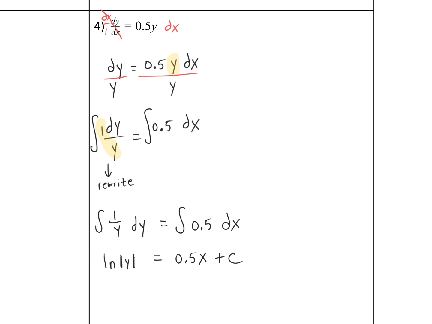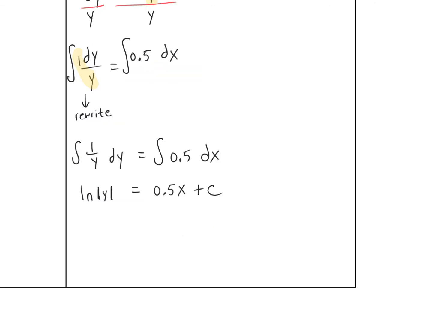Okay, now we've got something new to learn. We need to get rid of ln. We have to get the y here by itself. So whenever you have ln out front, what we're going to do is exponentiate both sides. That's a big fancy word. Exponentiate.